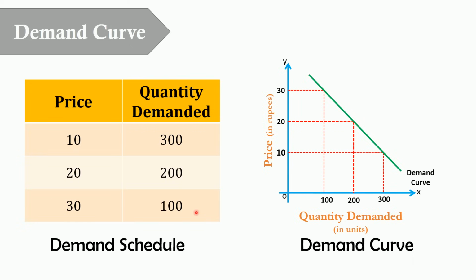So, as the price of the product increases, the quantity demanded decreases. The higher the price of the product, the lower will be its demand. And that is why the demand curve slopes downward, that is left to right, which indicates the inverse relationship between the quantity demanded of the commodity and its price.